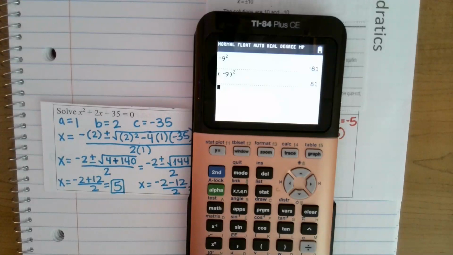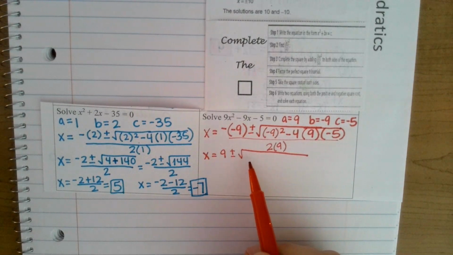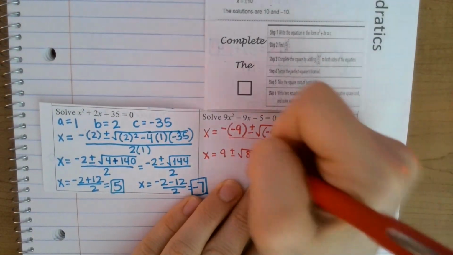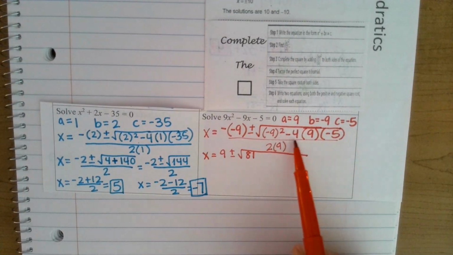Or just remember, okay, I know a negative squared is always going to be positive. So this first number under the radical will always be positive, no matter what, because negative squared is positive and a positive squared is positive. So positive 81. And then I'll just have you do the same way. So think of this as negative 4.